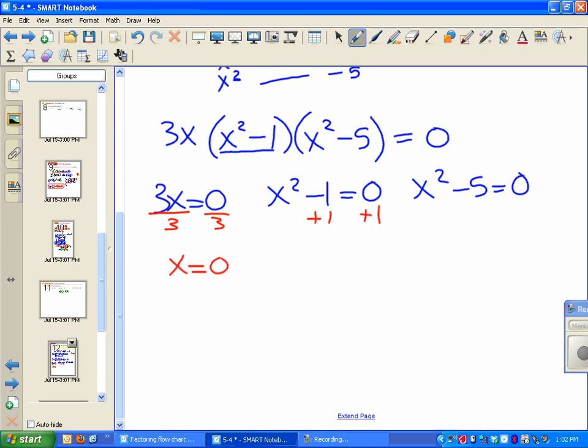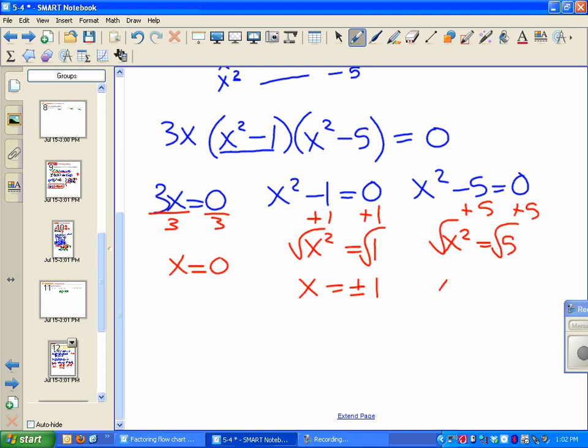For this one, I add 1 to both sides, I get x squared equals 1. When I square root both sides, I get x equals plus or minus 1. When I add 5 to both sides, I get x squared equals 5. Square root both sides, and I get x equals plus or minus the square root of 5. We could also write this as 1 and negative 1 and root 5 and negative root 5. All right, so those are all my solutions.